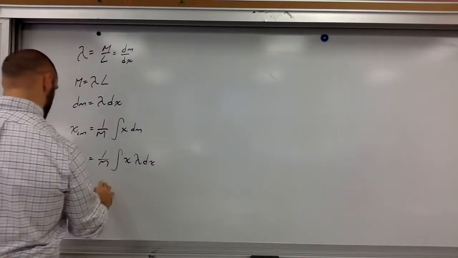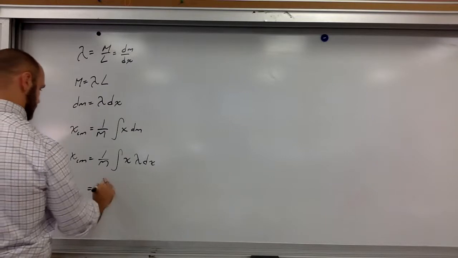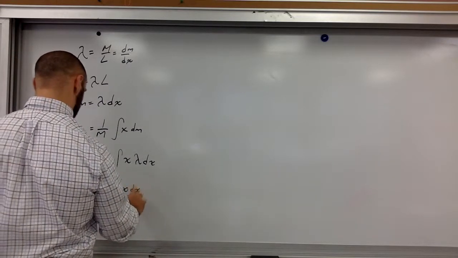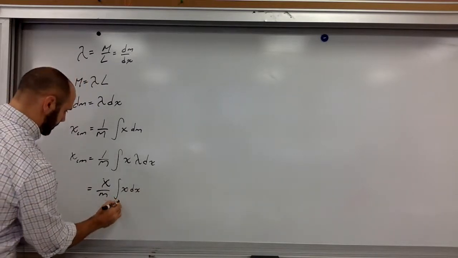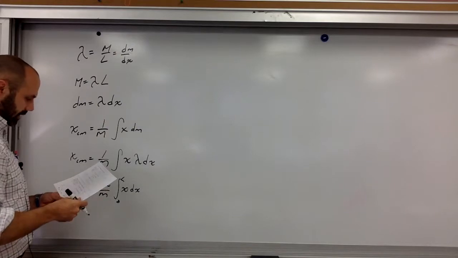So this becomes lambda over M. Lambda is some constant number, and this is x dx, where we're going from 0 to L, whatever that length is that we have.